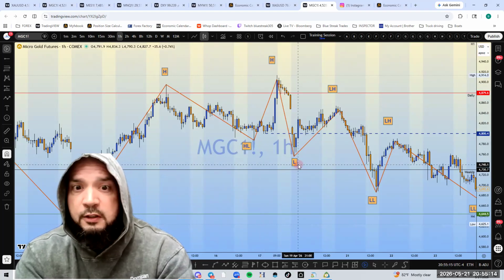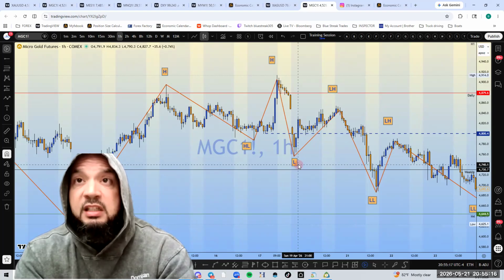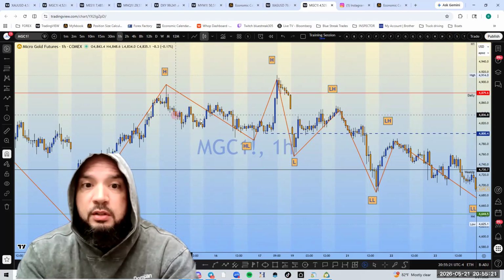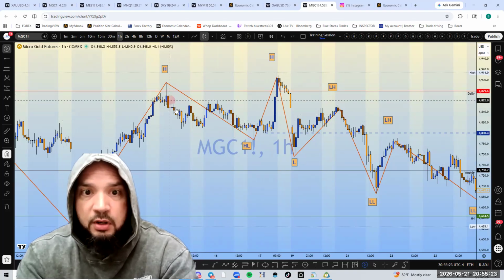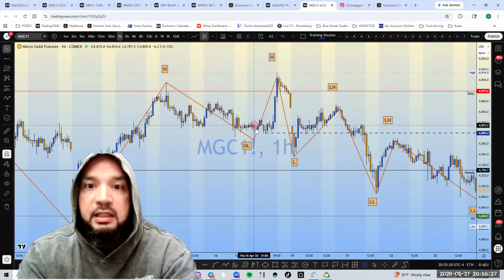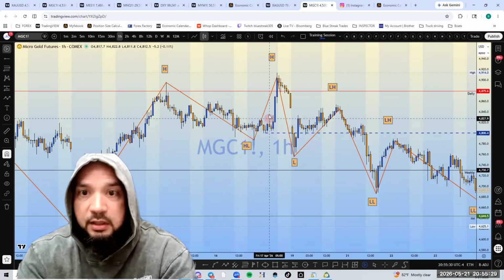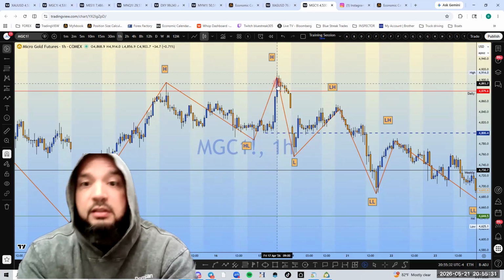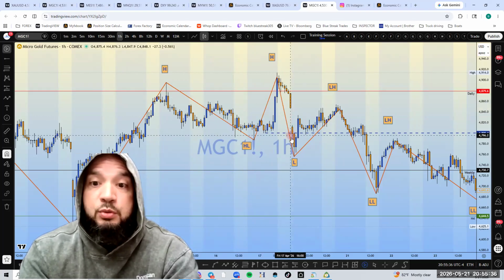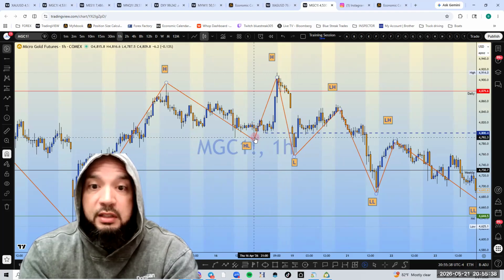What makes it tricky to point out is that we get lost inside of all of this chop, and we start thinking that this is what's changing the trend. It's not. What changes the trend is an actual break of the last higher low.